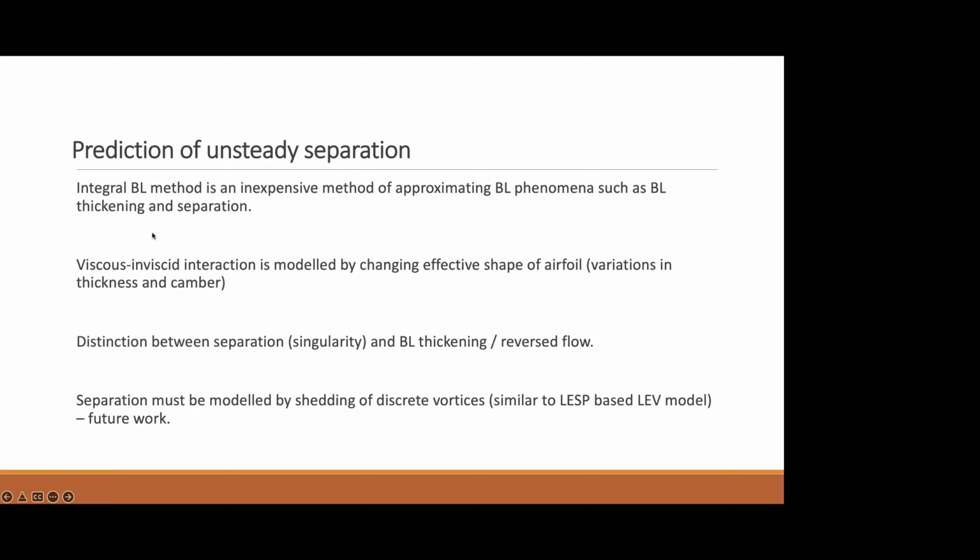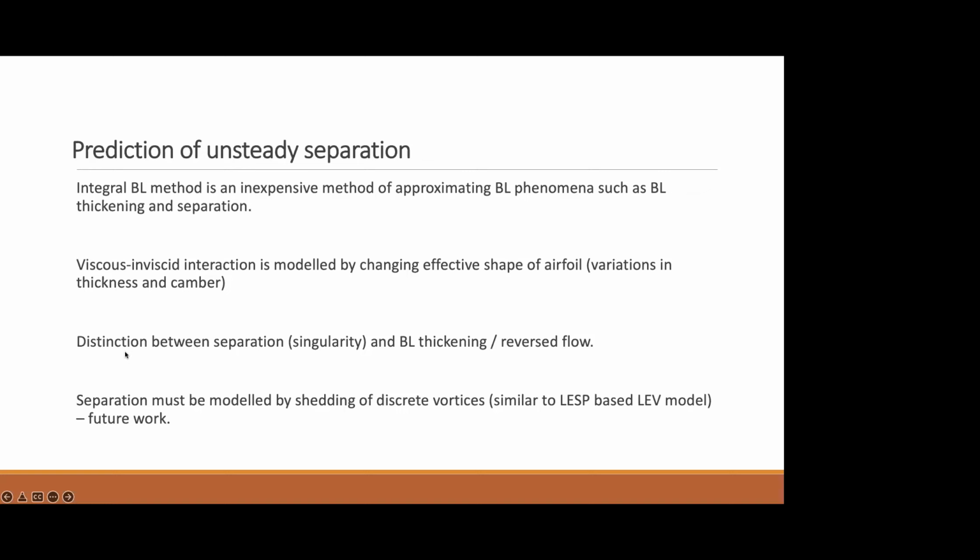So here are the conclusions. Again, the integral boundary layer method is a very inexpensive method of approximating boundary layer phenomena, such as boundary layer thickening and boundary layer separation. And we are modeling viscous-inviscid interaction by changing the effective shape of the airfoil.